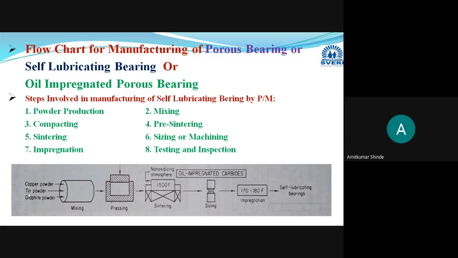Then due to this diffusion, there will be some reduction in the size of that component, which is termed the densification process. Due to the diffusion of tin powder particles on the copper powder particles, the component is subjected to some distortion or densification.